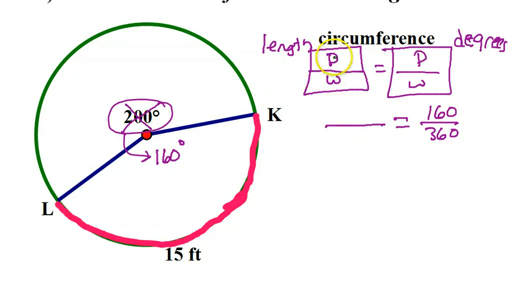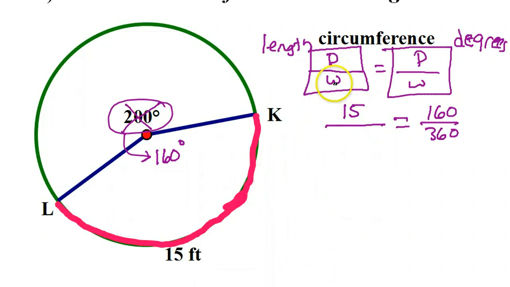Now, be really careful about how you think about this. We're doing length now. The partial length divided by the whole length. Which one of these are we given and which one are we looking for? See this 15 feet? That is the partial length. So that's going to go in the top because we're doing part over whole.